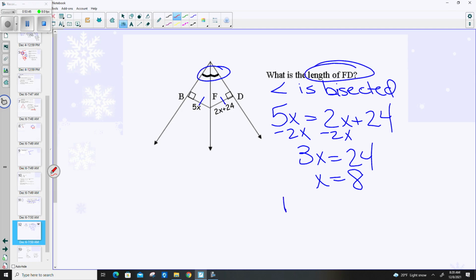So when I put things like that on here, I'm doing it because when you think about your standardized tests that you have to take, ACTs for juniors, the Aspire test for sophomores, college entrance exams for seniors, all of those kinds of tests will have questions that are multi-step, where you have to find an answer. Find 8. But if it's a multiple choice test, 8 will be one of your answer choices. You have to stop at the end of any question, go back and say, okay, did I answer what it was actually asking? This wanted FD, so what is 2 times 8 plus 24?